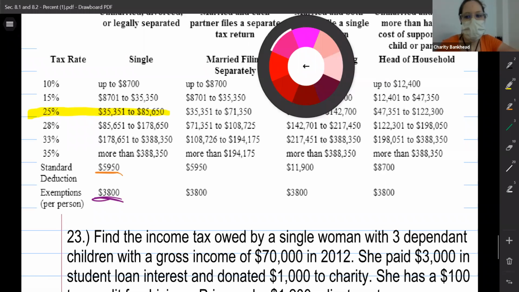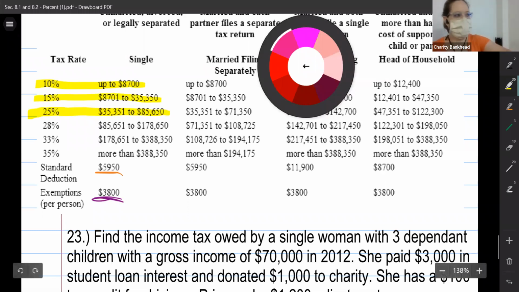Everyone under this chart would pay 10% of the first $8,700 they earn. Then they would pay 15% of everything between 8,701 and 35,350. And then above that, she'll pay 25% of the rest.